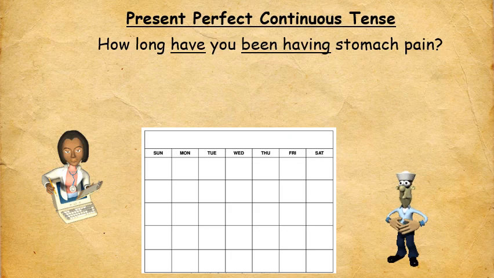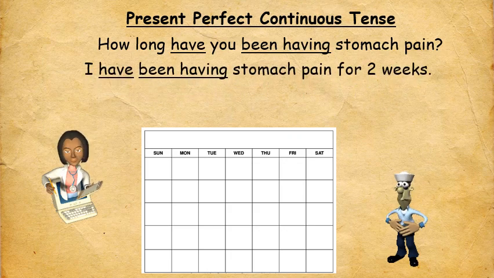Present perfect continuous tense. How long have you been having stomach pain? It requires the verb have and the participle been and the verb having. How long have you been having stomach pain? Having is continuous.